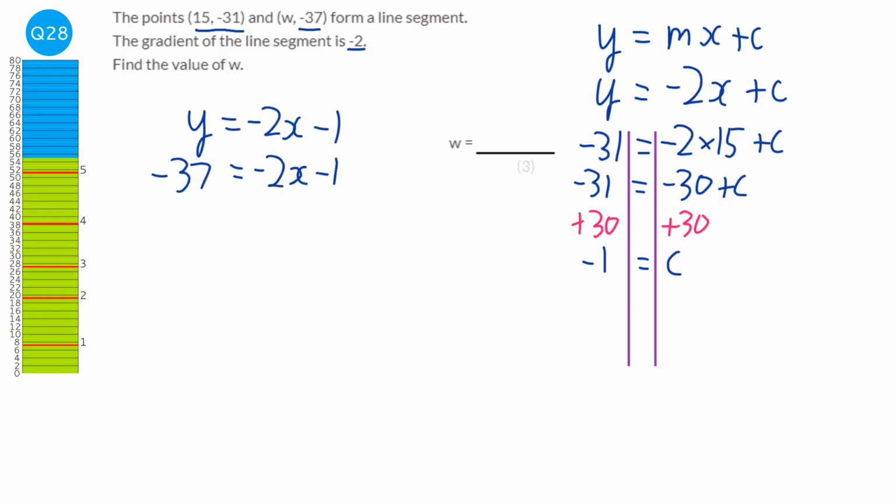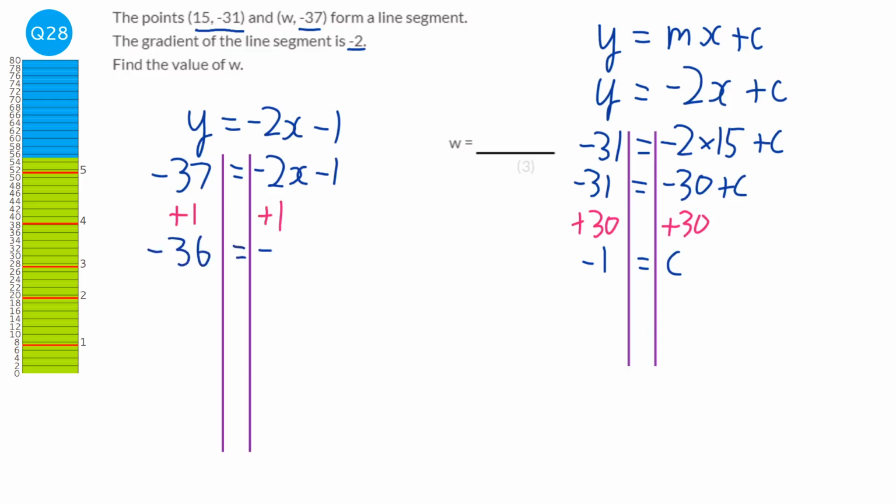So let's get our solving lines in. Okay, so the first thing I'm going to do is add 1 to both sides. And so it would be -36 equals -2x. I'm going to now times, or divide everything by -2.